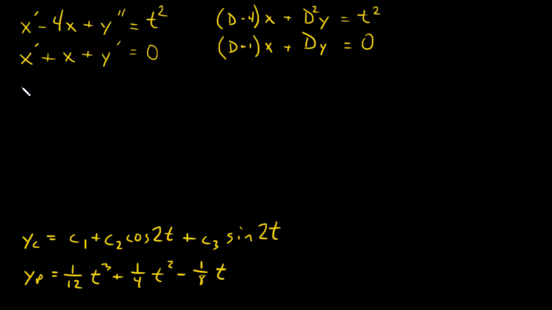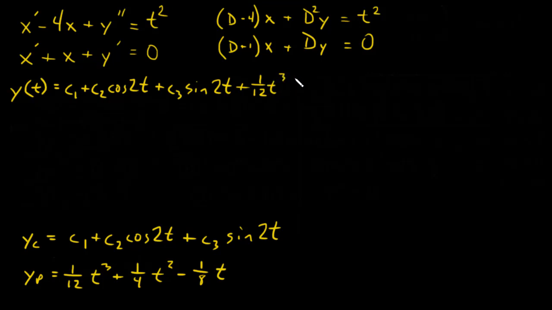So y of t is equal to c1 plus c2 cosine 2t plus c3 sine 2t plus 1/12 t cubed plus 1/4 t squared minus 1/8 t.